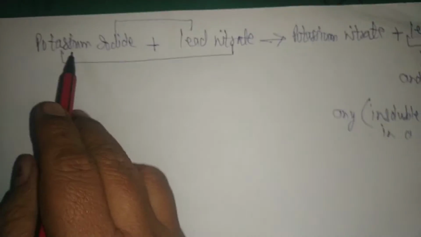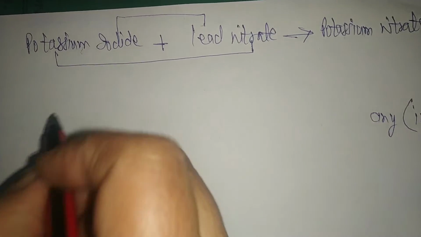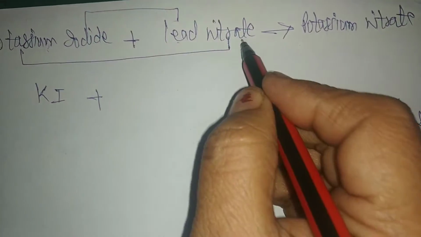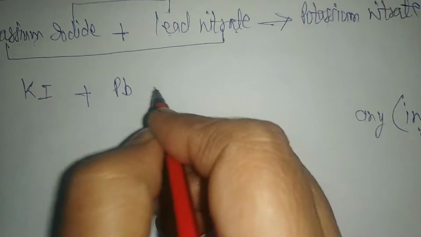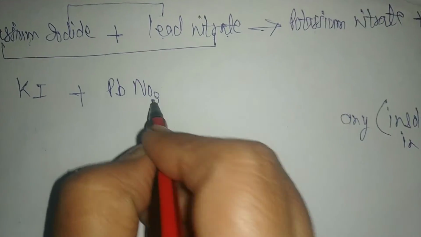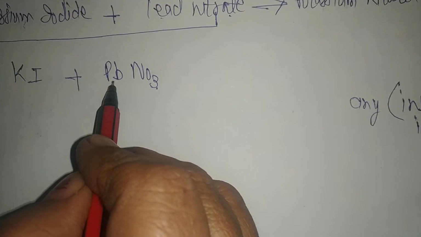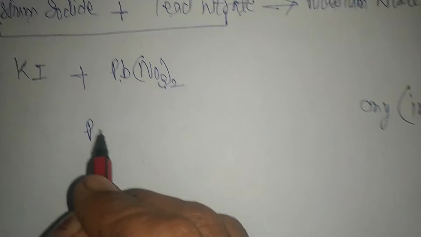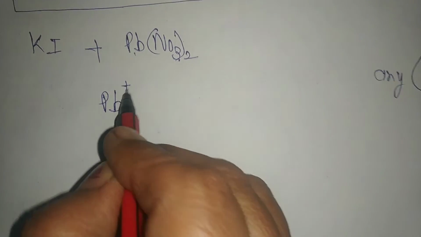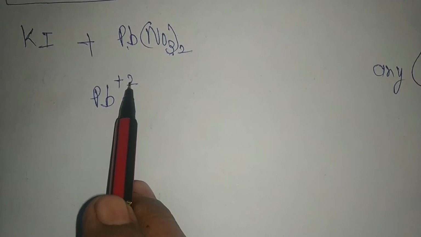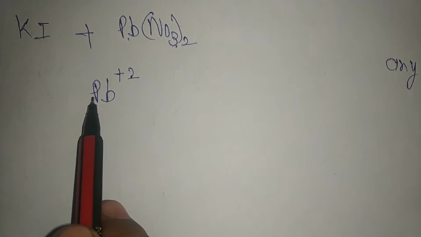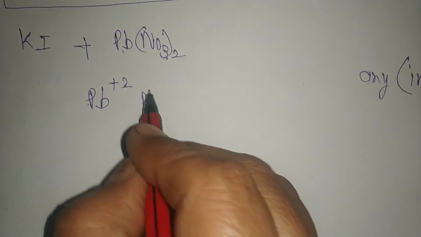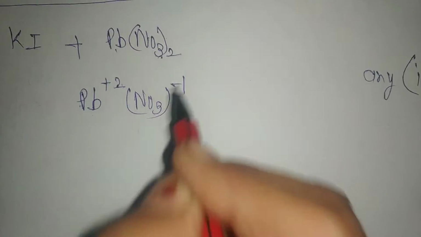So what is the formula of this? Potassium iodide, this is KI. Lead nitrate, this is Pb(NO3)2. We know this is Pb(NO3)2 because of the crisscross method. The valency of lead is 2 and the valency of nitrate is -1.